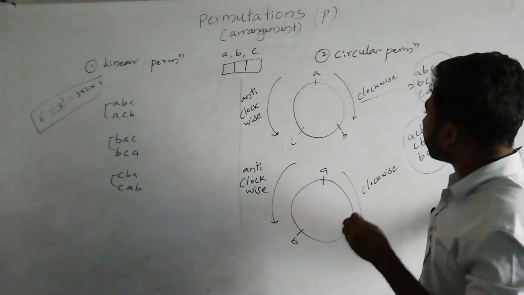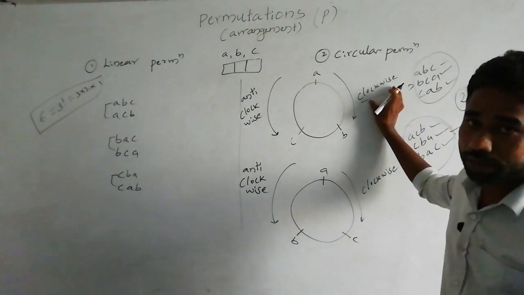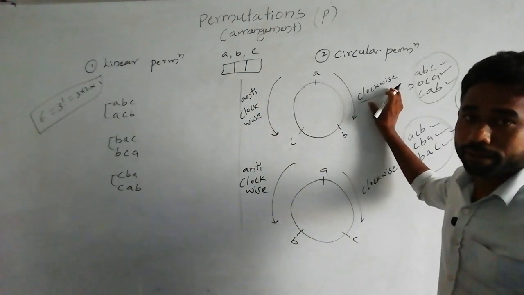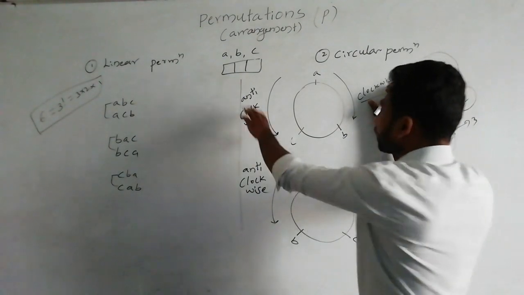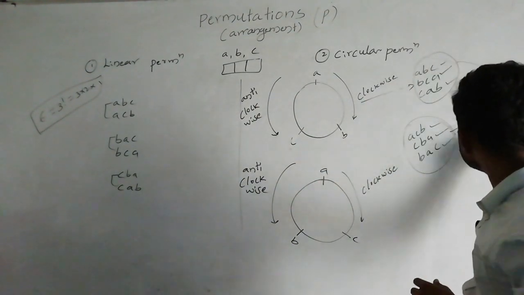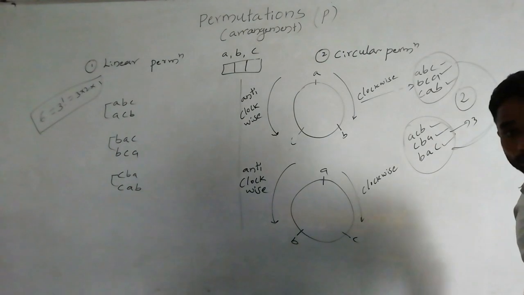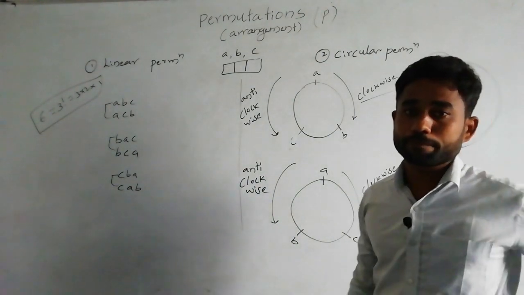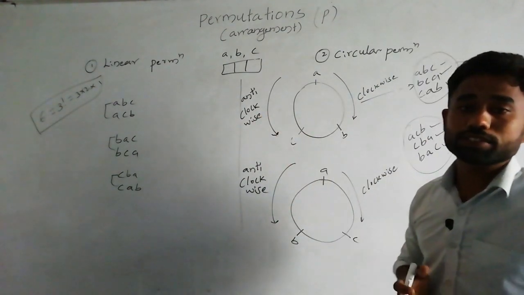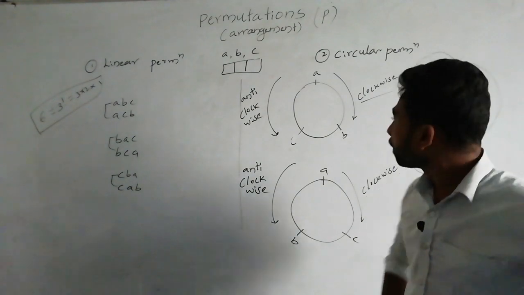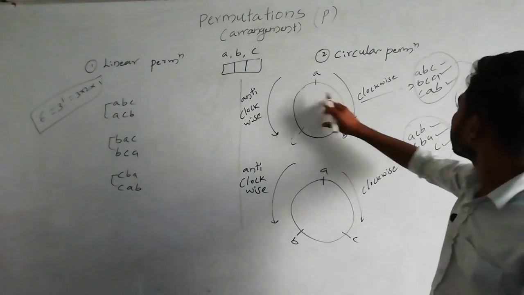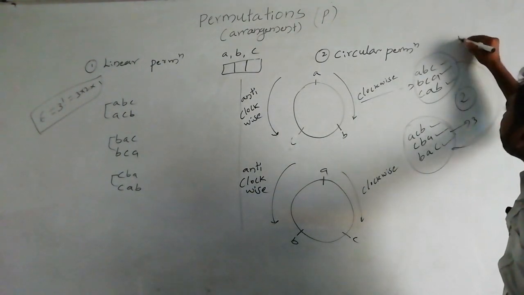So observing this, if we allow clockwise and anti-clockwise on only one circle, we get these three linear permutations on only one circle. If we don't want to distinguish between clockwise and anti-clockwise, these two directions, then one circular permutation is equal to 6 linear permutations.